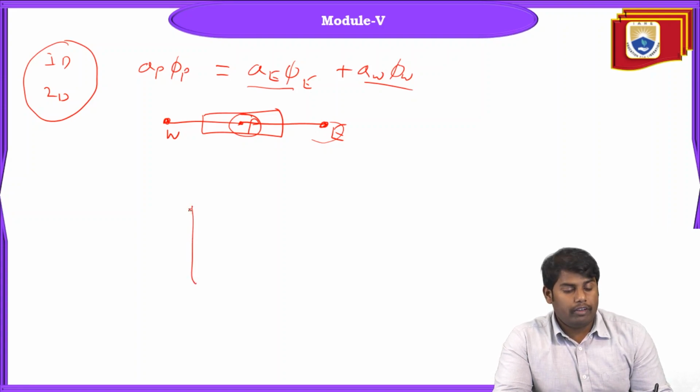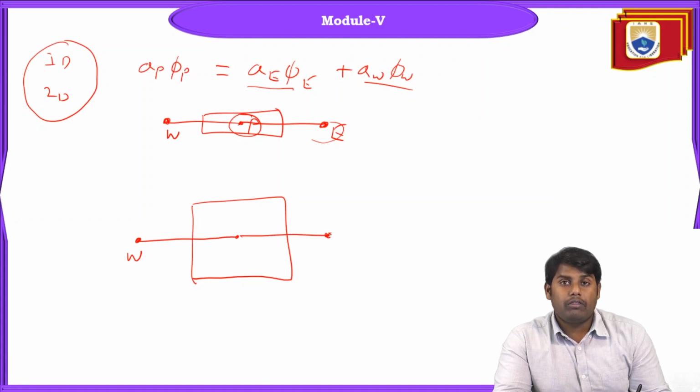So for 2D, what have we done? We have drawn here, and we have taken this point. Here we have the west node, here we have the east node, here we have north, here we have south.